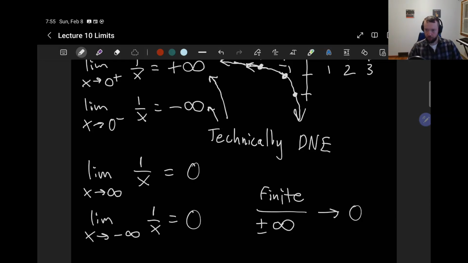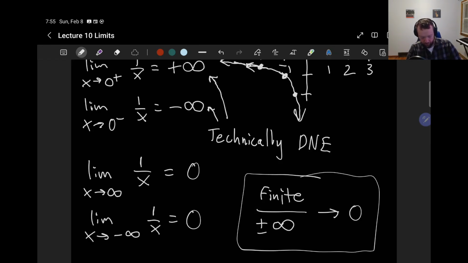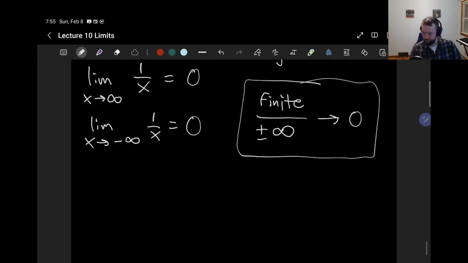This will always go to 0. Again, if the top is some finite number. If you have infinity over infinity, that's a much more complicated situation. Which leads us to the next example.